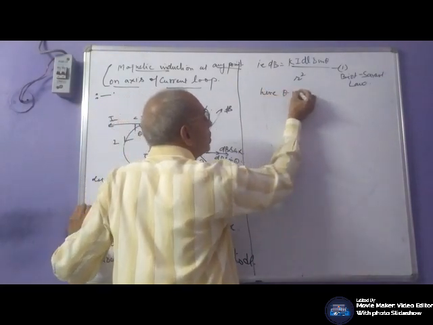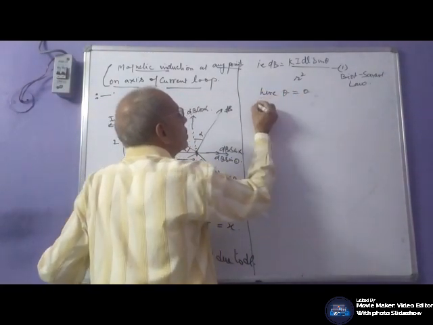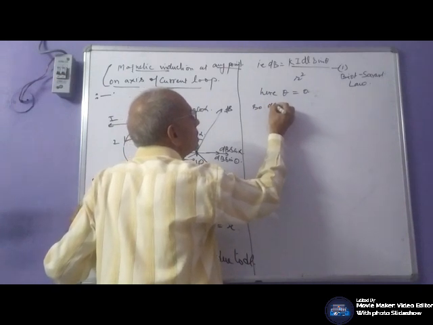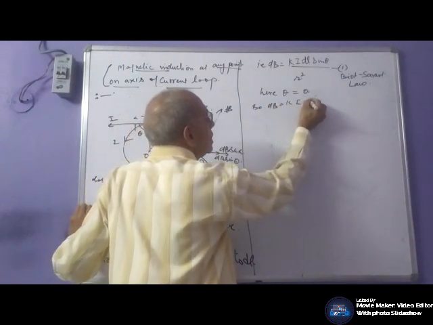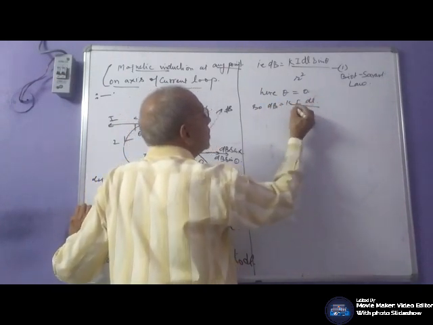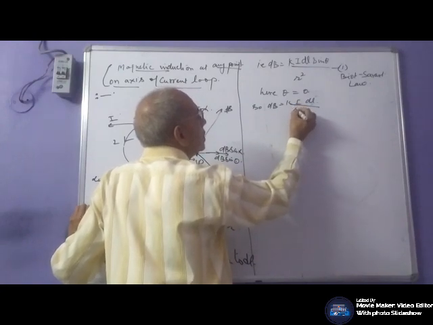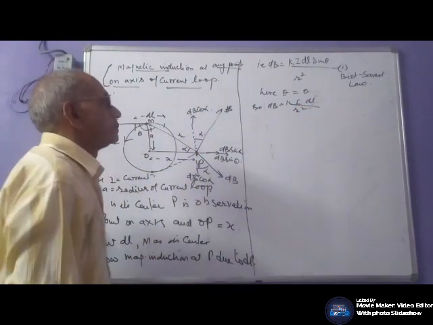Here theta is 90, so dB equals K I dl by r square.